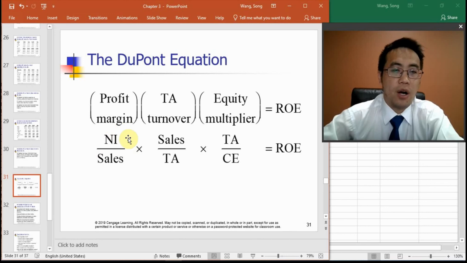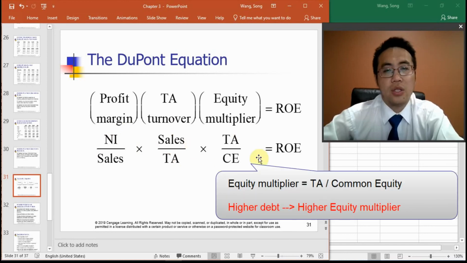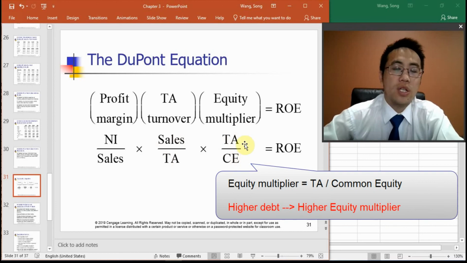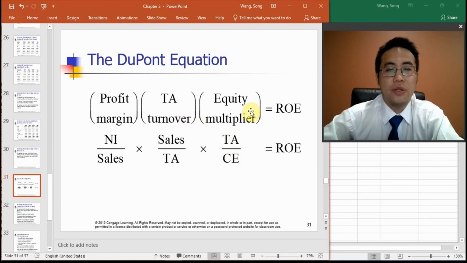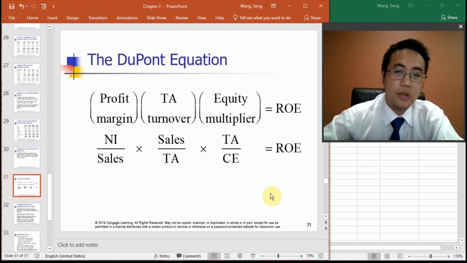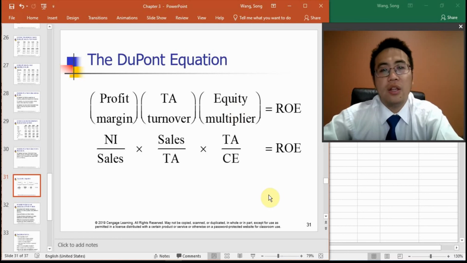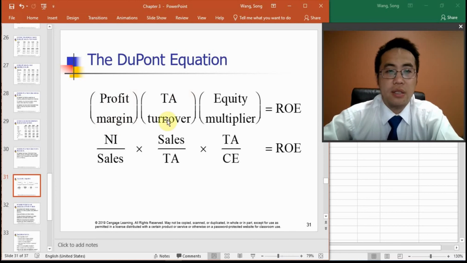One is gross profit margin, another is assets turnover ratio, and the last one is equity multiplier, which is a debt ratio. So you can see each of the 3 ratios belongs to a different category: profitability, efficiency, and debt level. So in order to boost the ROE, the firm can either increase its profitability, or increase its efficiency, or simply increase its debt level.